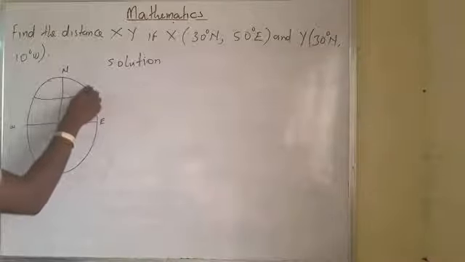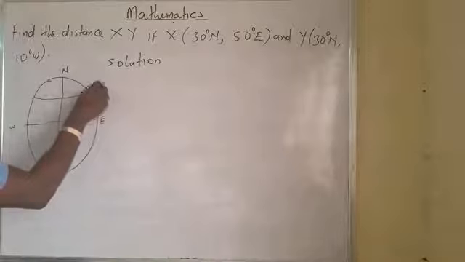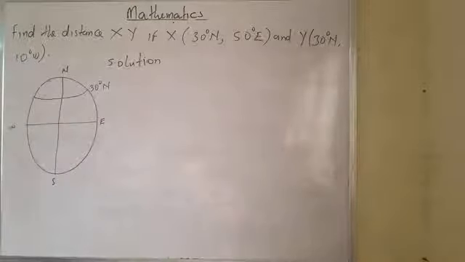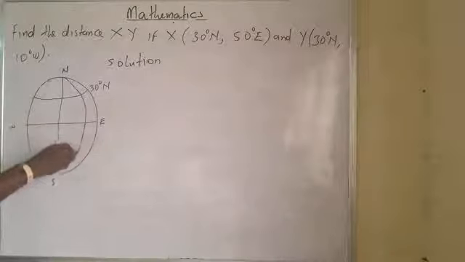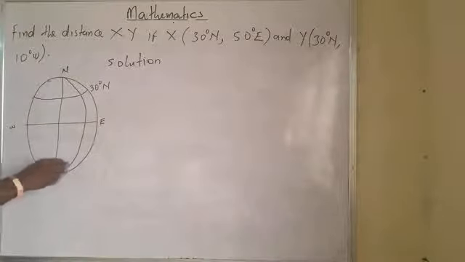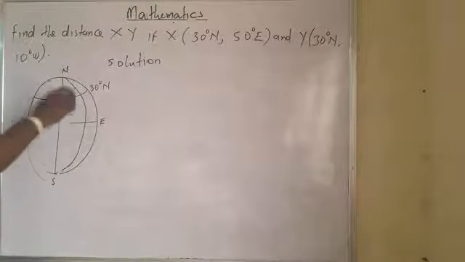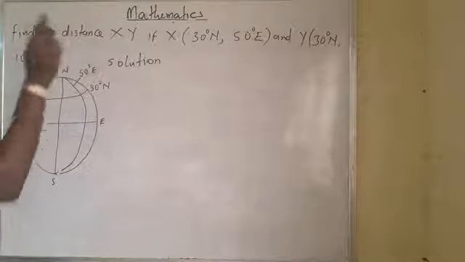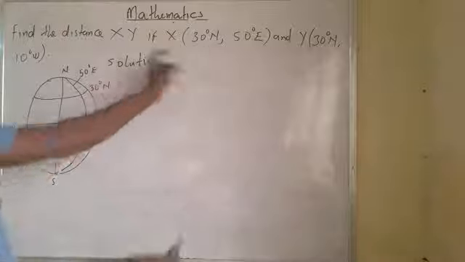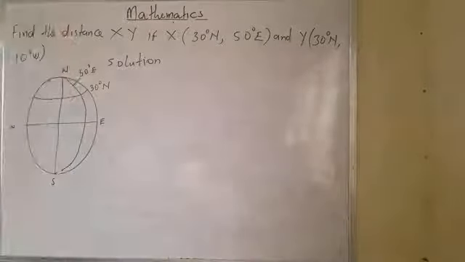This is my 30 degrees north, and 50 degrees east. Here, 50 degrees east, it means I will be talking about this side. Now I want to go to y.